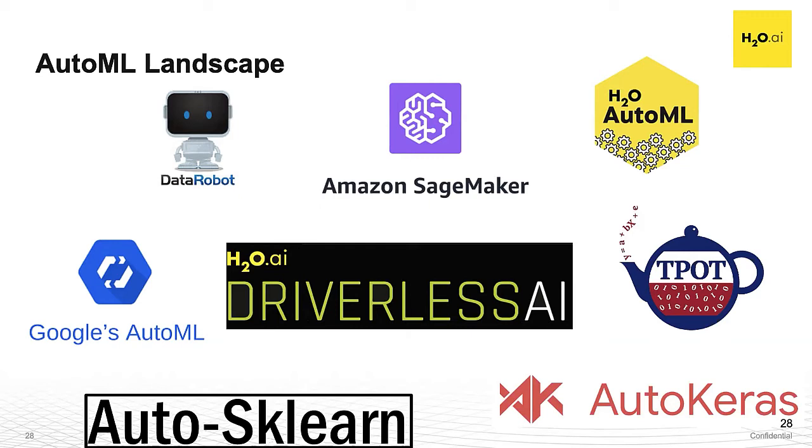H2O AutoML, on the other hand, is an open source library. It is freely available. It is on GitHub. Anybody can use it. Anybody can collaborate and work on it. So H2O AutoML is part of the larger H2O-3 library, which is a machine learning library similar to Scikit-learn. So just like Scikit-learn has machine learning algorithms, H2O also has it.